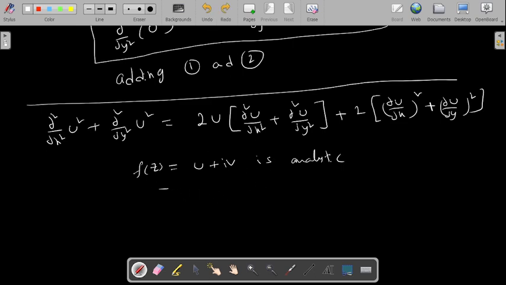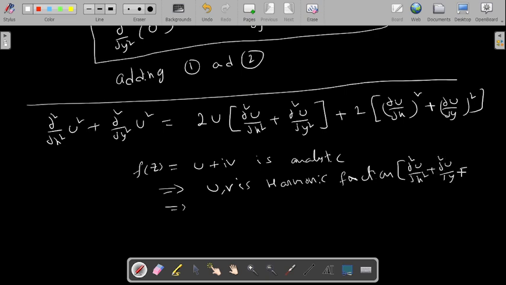One is that u and v are harmonic functions. So what is its meaning? Harmonic function means ∂²u/∂x² + ∂²u/∂y² value will be 0.